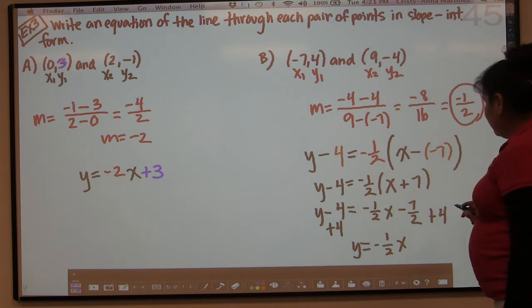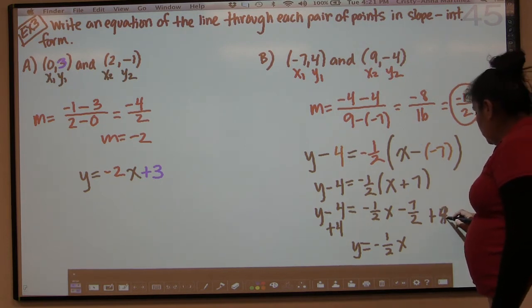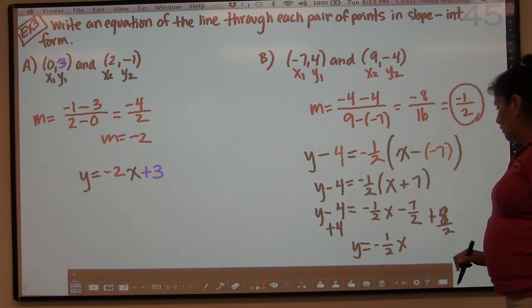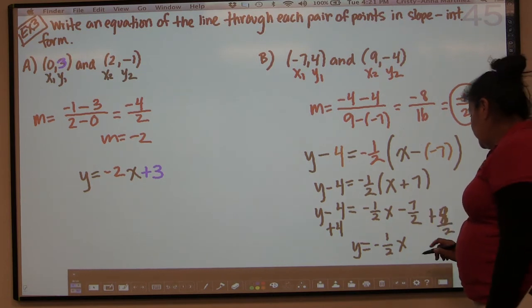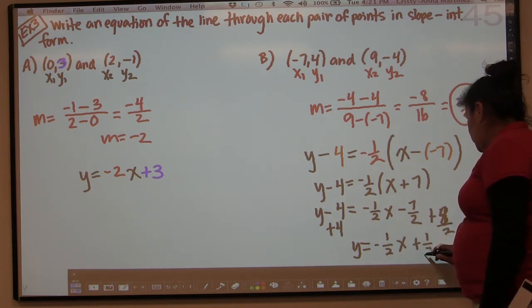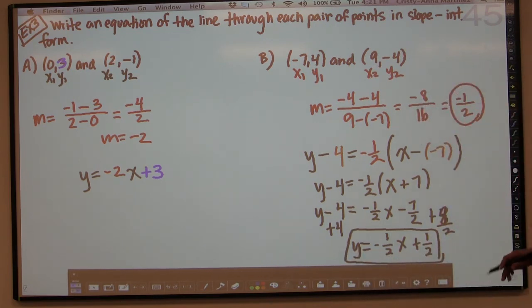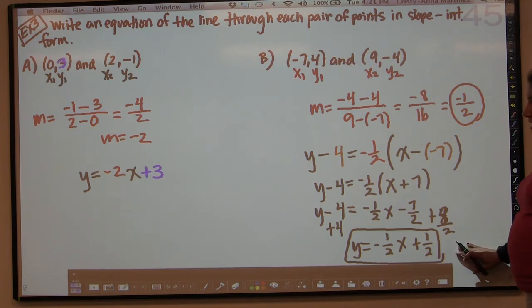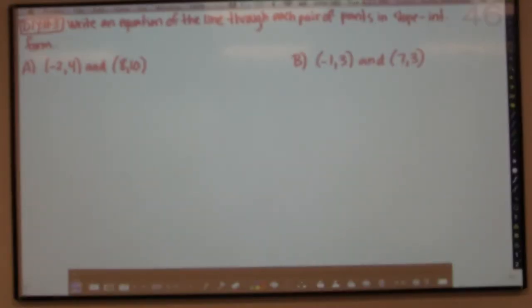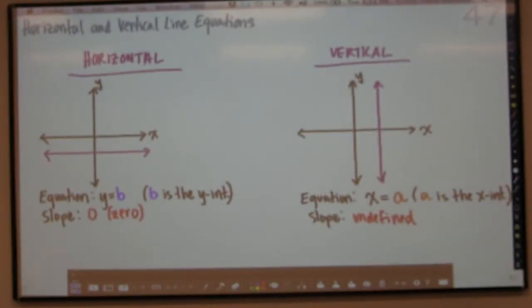And 4 is the same thing as 8 over 2. 8 divided by 2 is 4. So 8/2 minus 7/2 is going to be 1/2. And so at the end of the day, this is our slope-intercept form. But we have to start with point slope and then simplify it to slope-intercept. So that's how you do that. And you will now try this example on your own. And then we will carry on to this wonderfulness.